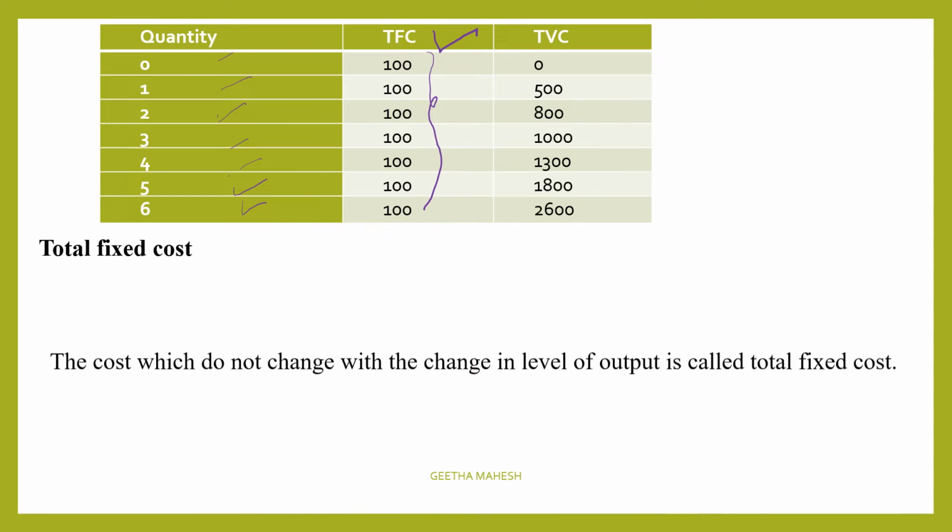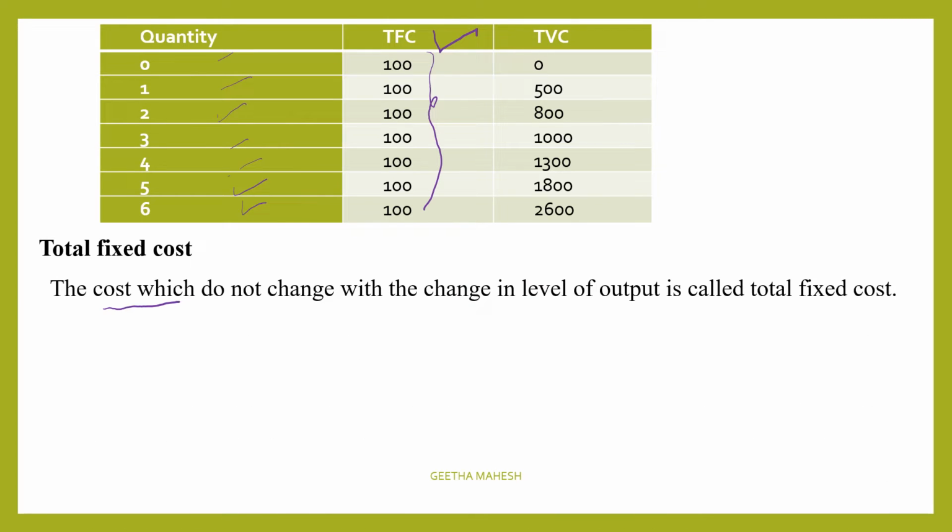Total fixed cost is the cost which does not change with the change in the level of output. You can see level of output is increasing, but total fixed cost remains constant. So there is no change.